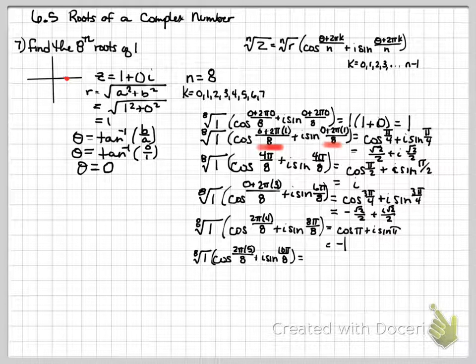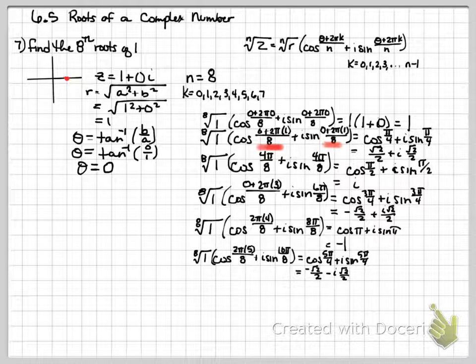Equals 10 pi over 8 is going to be 5 pi over 4 plus I sine of 5 pi over 4. Cosine of 5 pi over 4 is negative root 2 over 2 minus I times root 2 over 2. Okay.